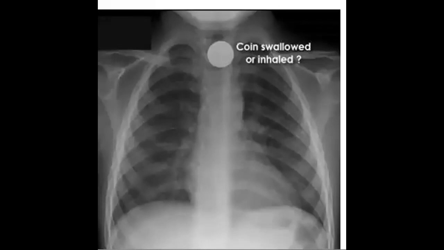Swallowed or inhaled? What do you think? Is it in the esophagus or in the stomach? This is a very important exam question. How to differentiate between both? Is it in the esophagus or in the trachea? So it is ingested.